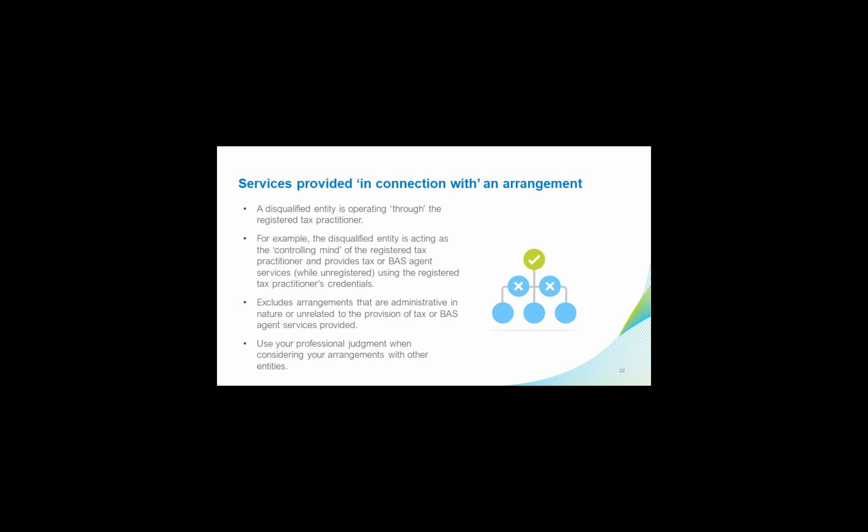What constitutes an arrangement does vary quite a lot, and really it would need to be considered on a case-by-case basis. So it's probably not that easy for us just to highlight, in this case, that's considered an arrangement, and in this case, it's not. But we'll try to give a little bit more guidance in relation to that on the next slide.